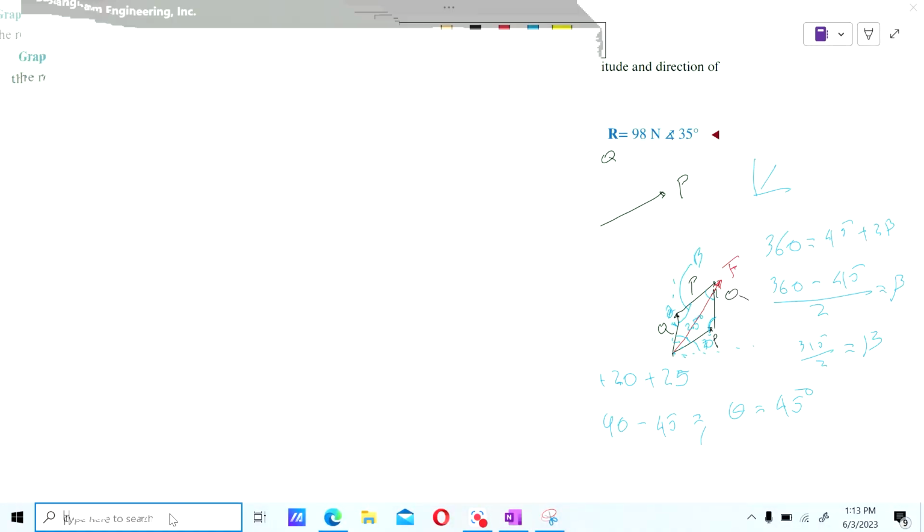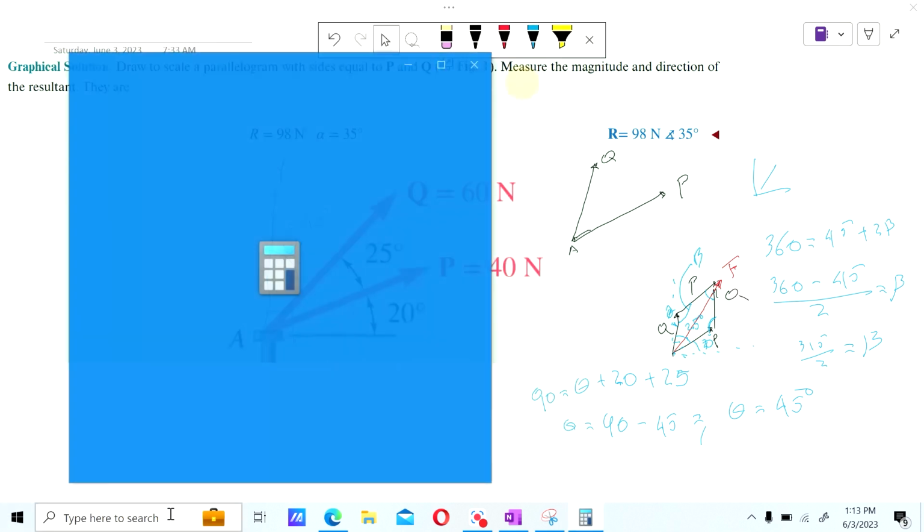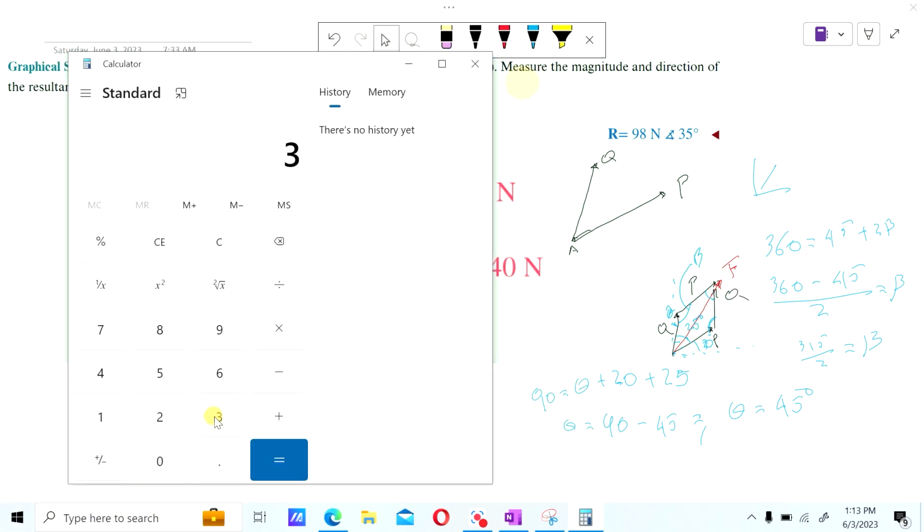So let's use a calculator. 360 minus 25 times 2. Oh, this is not 45, it's 50. 25 times 2 is 50. So it's 310, divided by 2, 155.